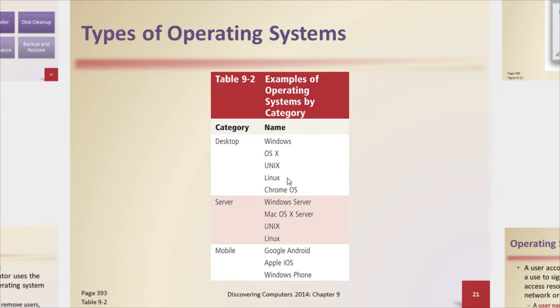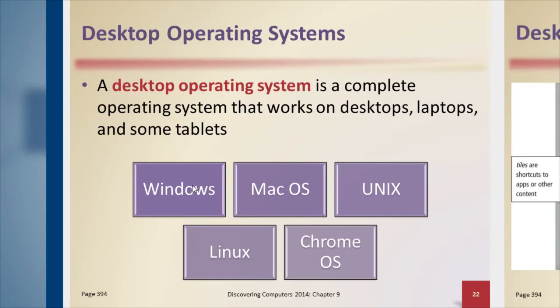For example, we see Linux and Unix as a desktop, but we also see it down here as a server. The reality is your Windows could be down here as well. We've got Windows Server, but you could also have Windows 7 or Windows XP or Windows 8 acting as a server as well. So that's a general classification of some of those different OSs.